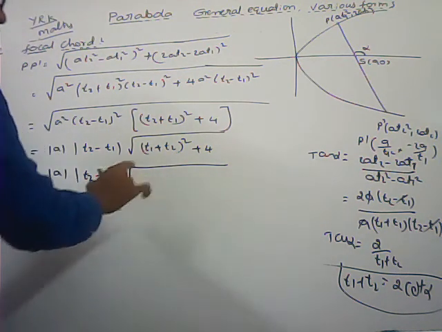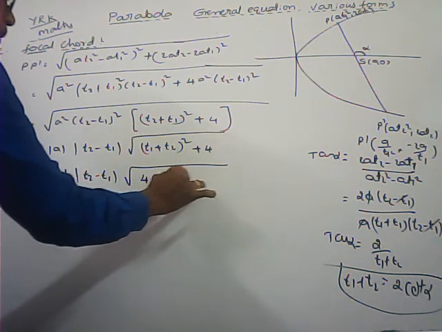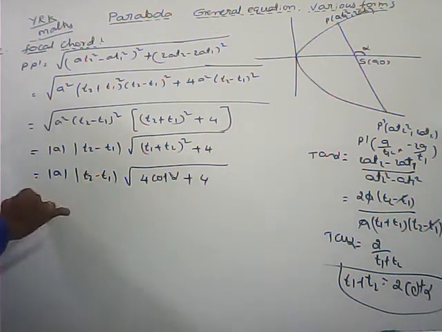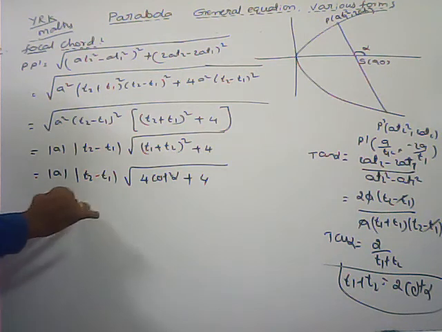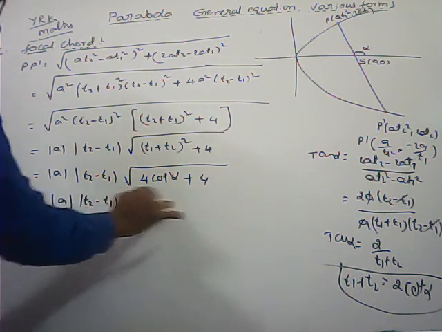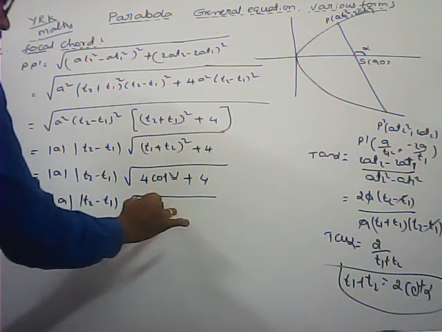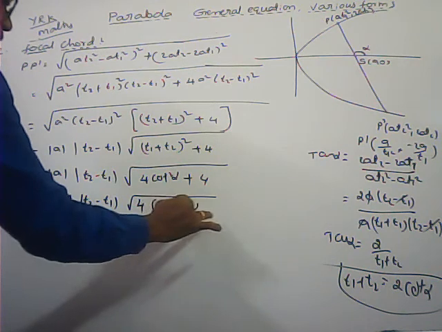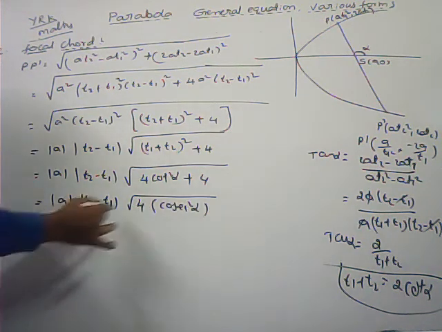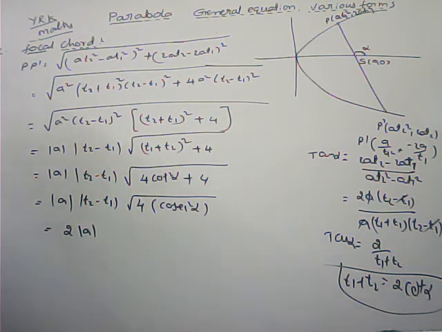How much did we get? 2 cot alpha whole square is there, 4 cot square alpha plus 4. If I take 4 common, 1 plus cot square, that is cosecant square alpha. So the square root of 4, that is 2 into modulus of a into, sorry, here one more thing is there.